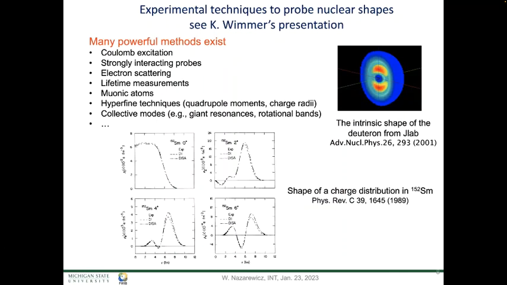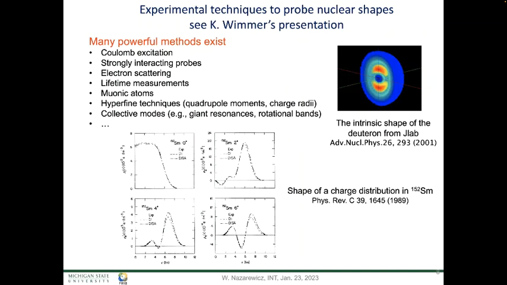So a chromo technique here is used to illustrate the shapes. There are very many precise ways to determine deformation experimentally, okay? Catherine will be talking about various techniques. I just want to list some.